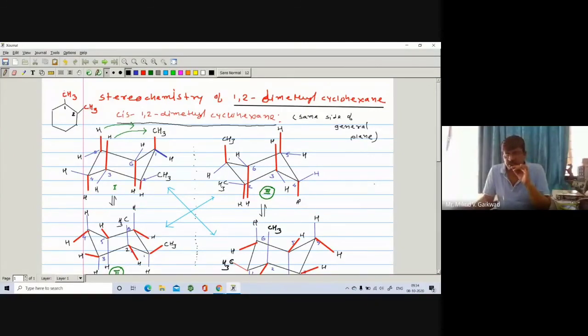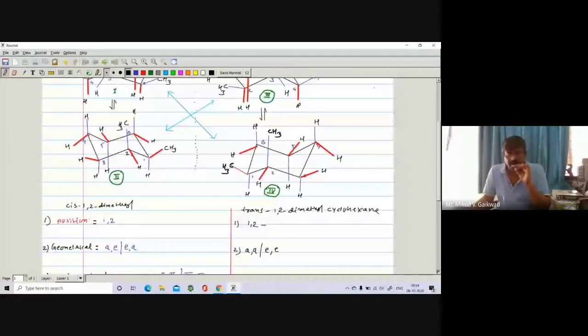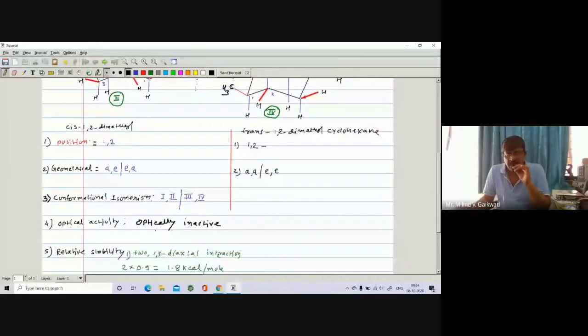That is the position, geometrical isomerism, conformational isomerism, optical activity, and relative stability. Means we have learned here already the 2 points. So in the next lecture, we'll discuss about these 3 points. So they're very simple. It's hardly 10 minutes. I think we should take that one in the next lecture.